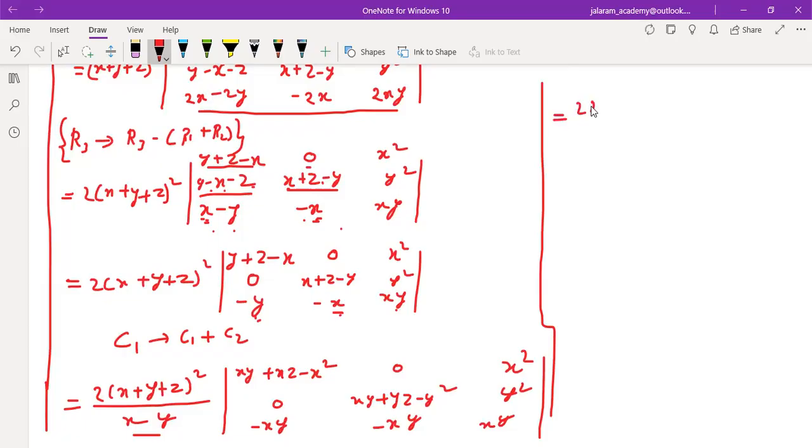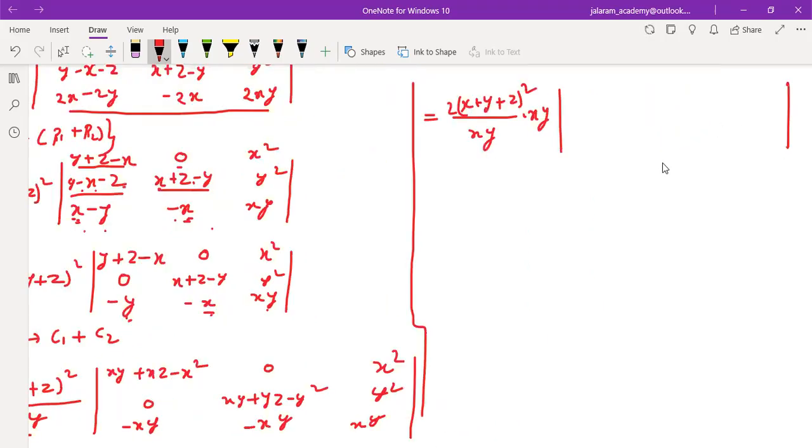So we can write 2 into (x plus y plus z) whole square over xy, and when we take xy common from the third row it becomes minus 1, minus 1, 1, 0, xy plus yz minus y square, then xy plus xz minus x square, 0, and x square.